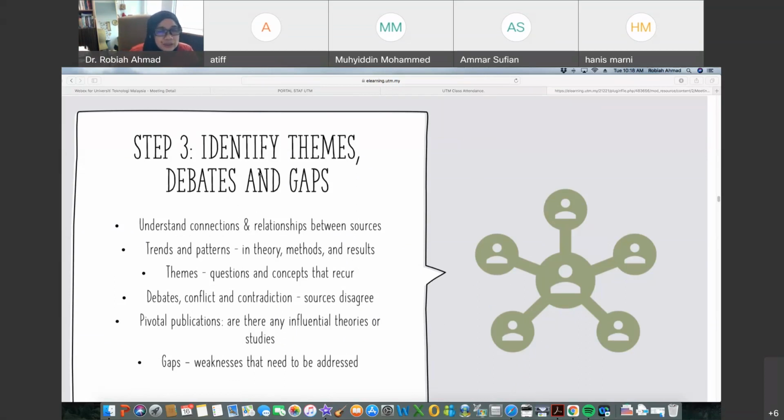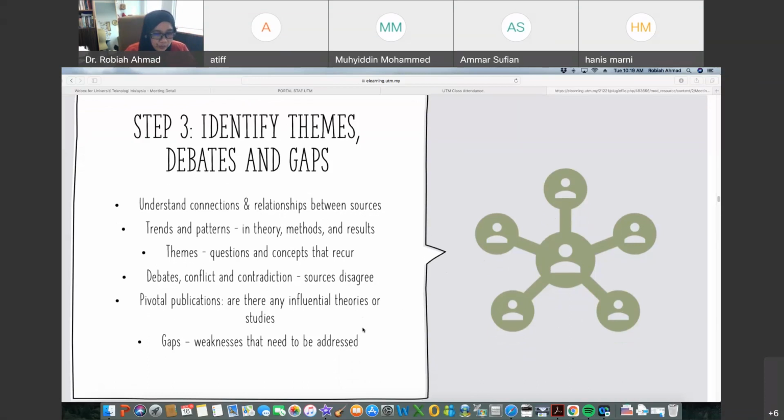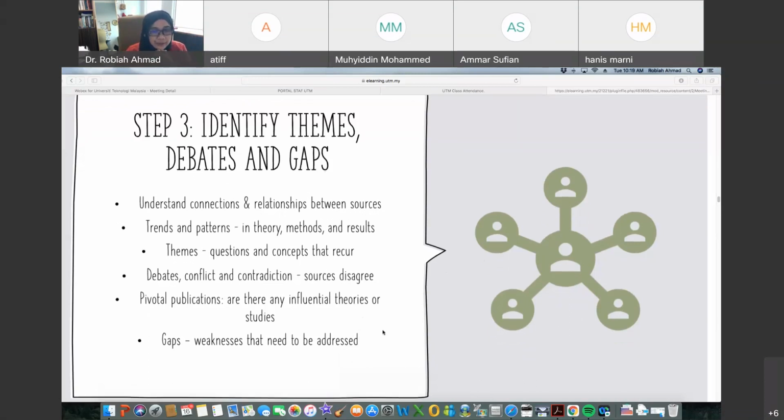Okay, so this is step identifying debates and gaps, understand the connection, relationship between the sources. So usually we put it based on trend, based on themes. So depends on your research. So I cannot go to specific because I don't quite understand your trend lah, because semua ni kita various. And then find conflicts and so forth. Okay, these are the gaps, weaknesses that need to be addressed.